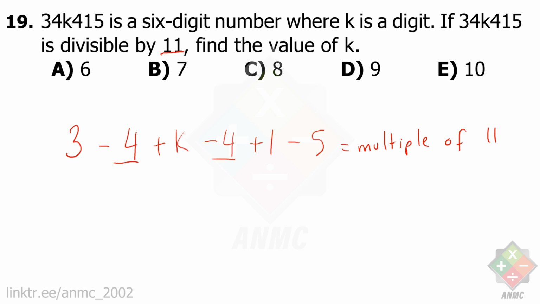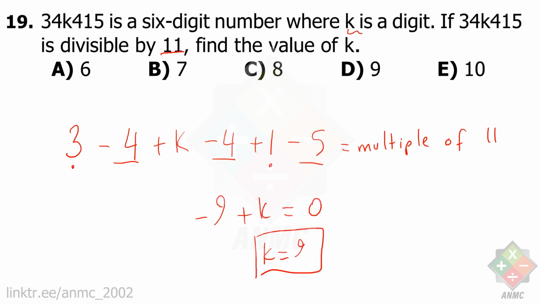Minus 4, minus 4, minus 8, minus 13, minus 10, minus 9. Minus 9 plus k is equal to a multiple of 11. It can be 0. K is 9. Don't forget that k is a digit. Then it can be only D.